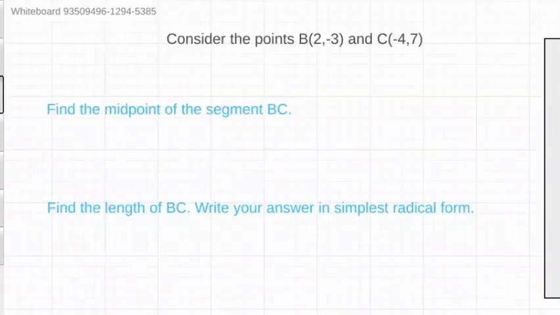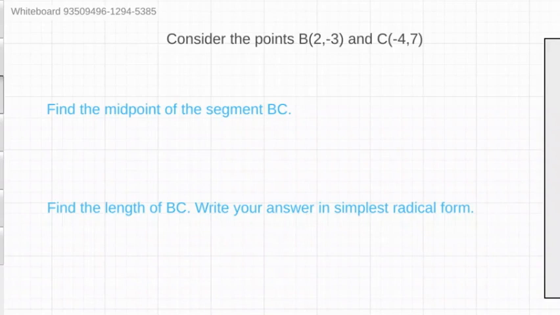Alright, let's do another one. Consider the points B, 2, negative 3, and C, negative 4, 7. Find the midpoint of the segment BC and find the length of BC while writing your answer in simplest radical form. Again, do this on your own and come back when you have an answer.